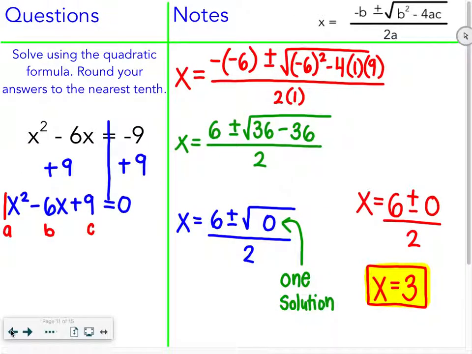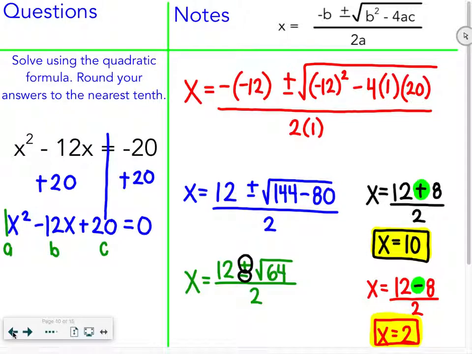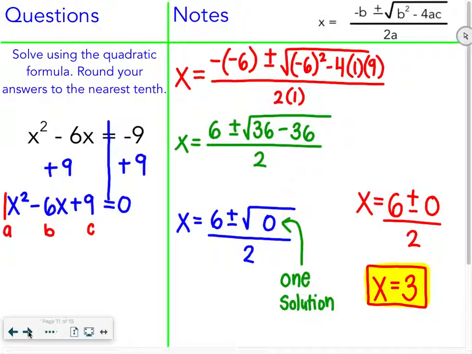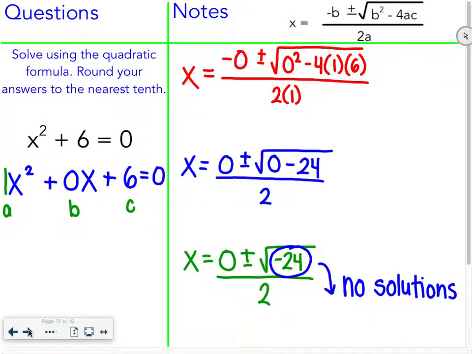If you get a 0 for your discriminant under the square root, you are going to end up with one solution. And you'll notice on the first problem we did the square root of 24, when it's positive, that is where we came up with two solutions. So a positive number means two solutions. 0 is one solution. A negative is no solutions.